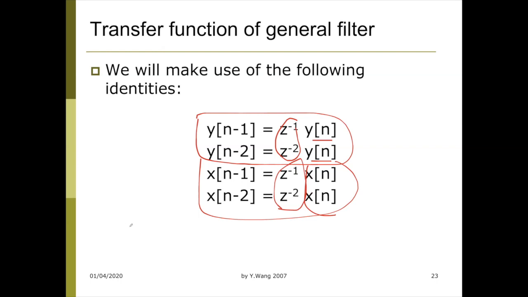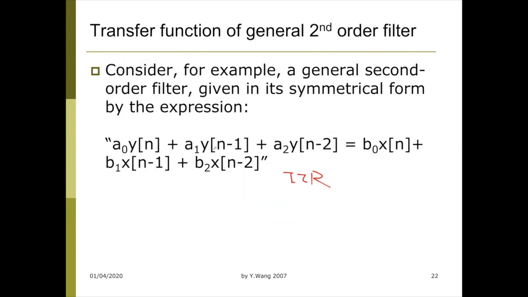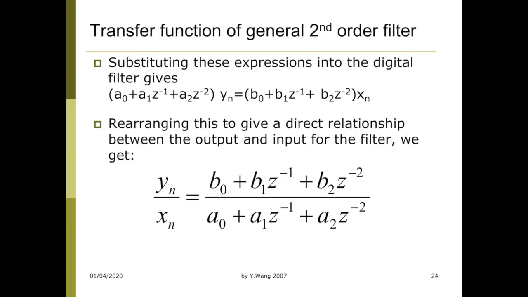What we get is a very interesting result, because we eliminate all the previous terms, as all the previous samples have been encoded into that. So we end up with this equation, converting everything into a relation between the current output sample and the current input sample.